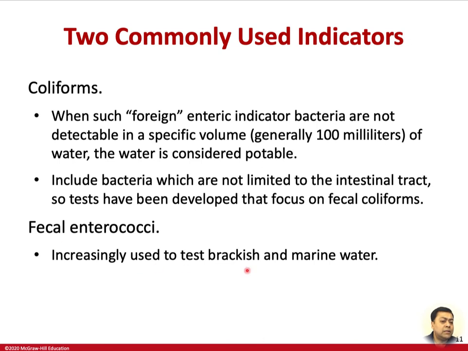Usually they will get dispersed and the bacterial level will come down to a safe level. This happens all the time, and it is very common just after a sudden rainfall. This is a typical situation where the amount of fecal enterococci increases in the brackish and marine water.